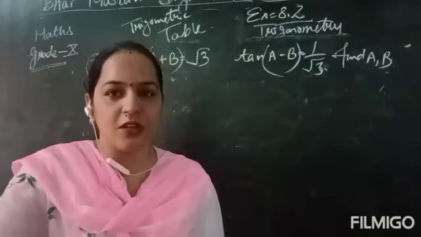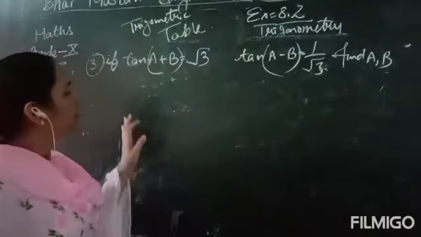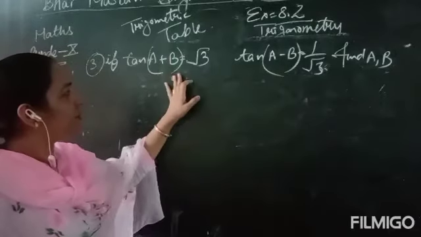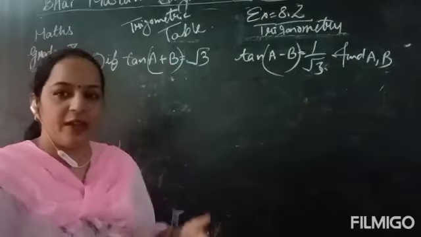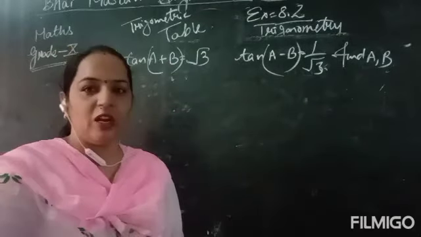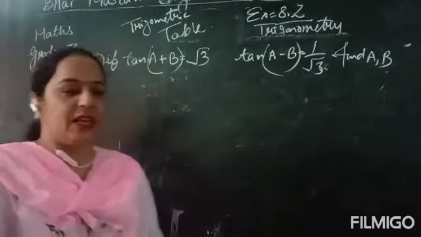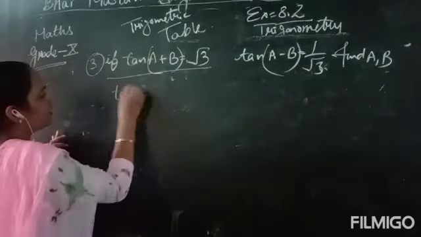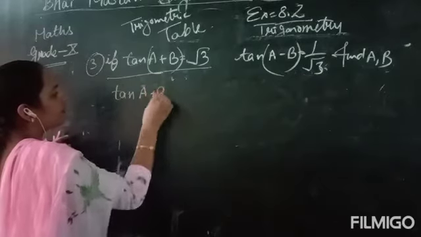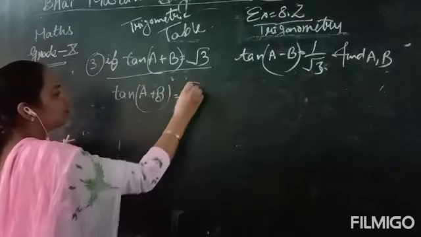I am going to solve the third question. In the third question they have given: if tan (a plus b) is equal to root 3 and tan (a minus b) is equal to 1 by root 3, we have to find the value of angle A and angle B. So look at this. Here they have given tan (a plus b) is equal to root 3.